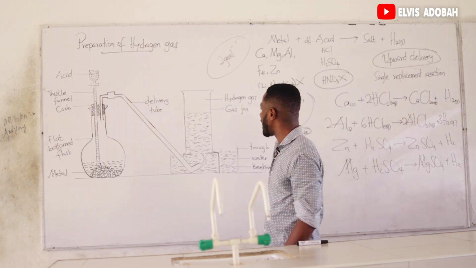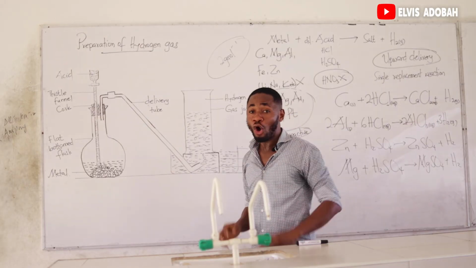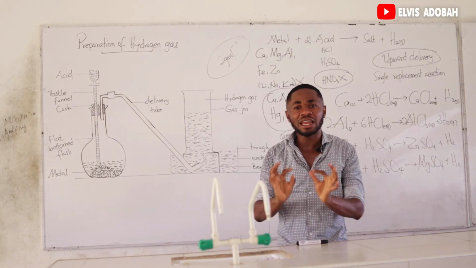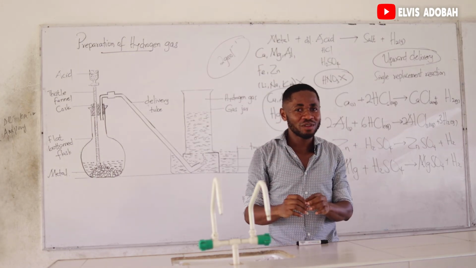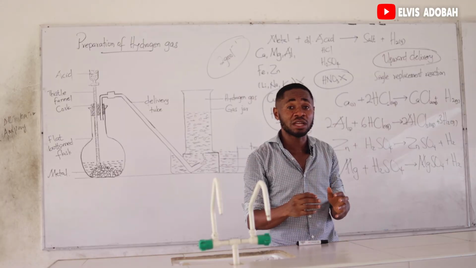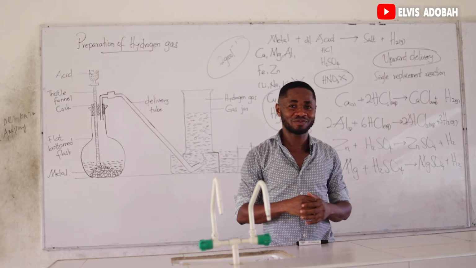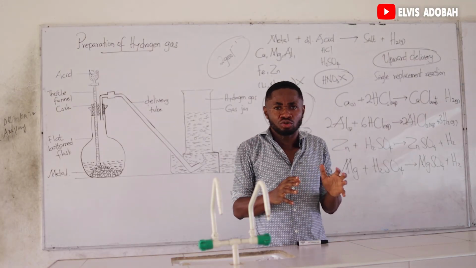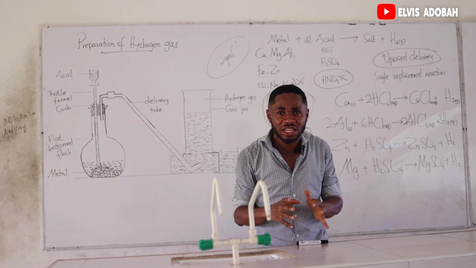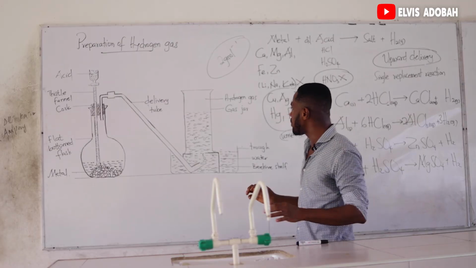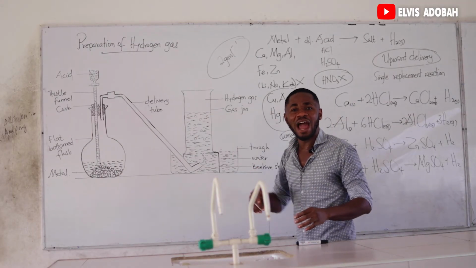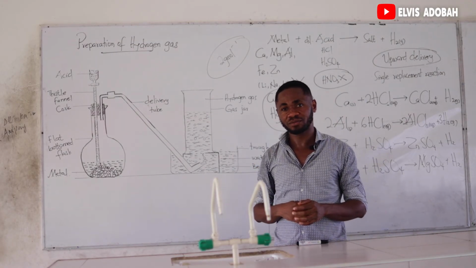So how do we get to know the identity of hydrogen gas? All you do is light a match. I hope you know a match. Matches. Or you can light something in the lab called a glowing splint. But since normally you don't see glowing splint in most labs, what we normally do is we light a match. Then we bring it closer to the hydrogen gas we have prepared.